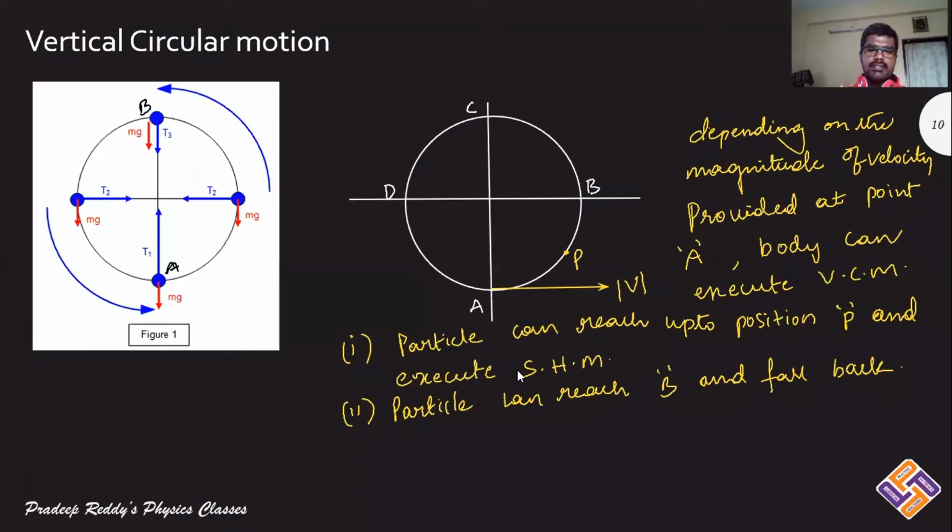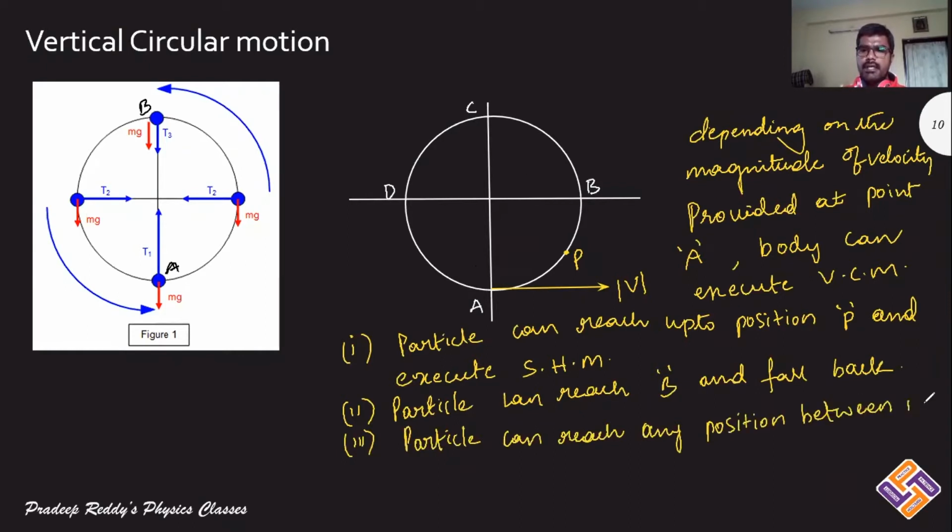And the third condition is that the particle can reach any position between B and C. When you are providing greater velocity, it may reach any position between B and C and then fall back. That is condition number 3.